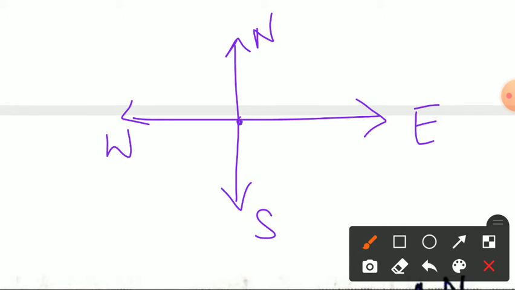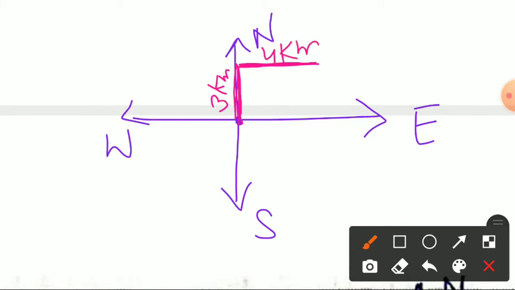Now suppose the initial position of the man is this one, the center, the origin point. First the man goes 3 kilometer to the north. Okay. Now from here 4 kilometer to the east. So this is the east direction, 4 kilometer.